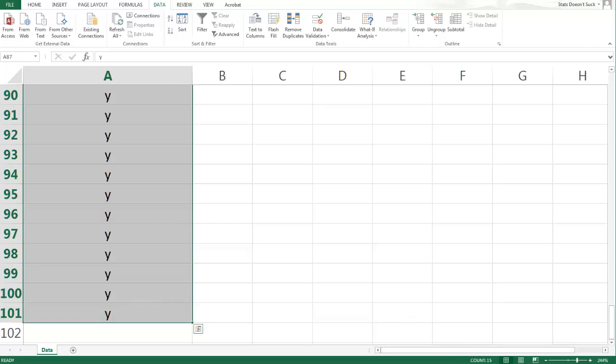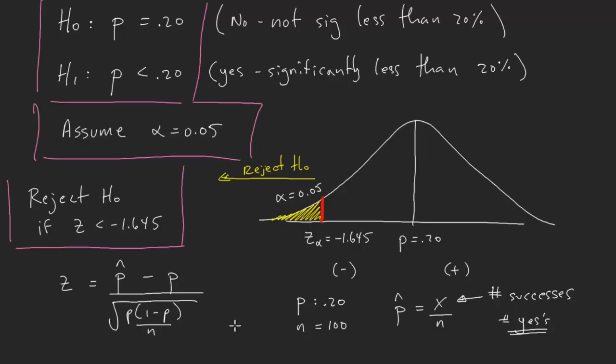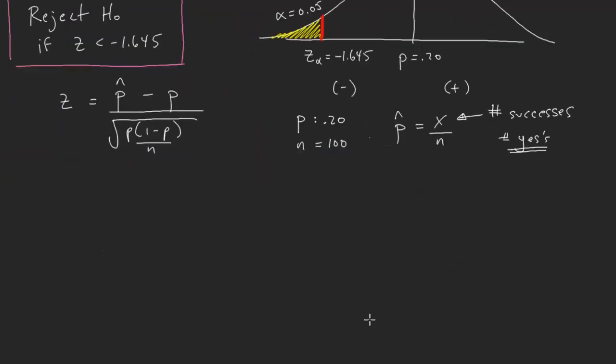Okay, so let's go back and make use of that information. I'm going to get my sample proportion worked out. It is 15 over 100, and that equals 0.15. Now I have everything I need.